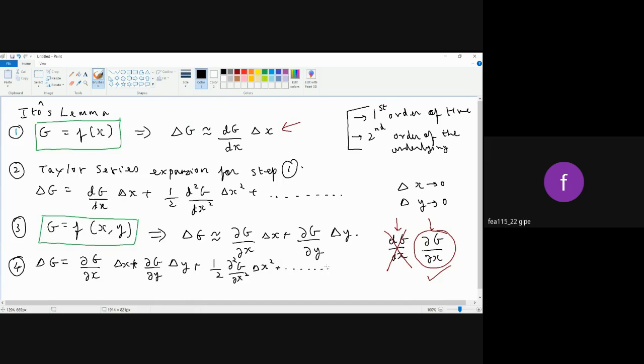And I have y square, etc. Now, to simplify this Taylor series, I'm going to work in a very, very small limit, which I write here. So I'll be working in the limit delta x as well as delta y tending to 0. So I want to have very, very small increments. In most of our analysis, we are going to work on these small increments because there are certain advantages to doing this as well. We'll talk about that along the way. But we are working in a very, very small time limit or even a small asset price increment limit here.